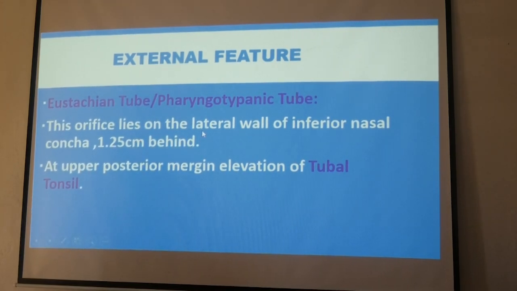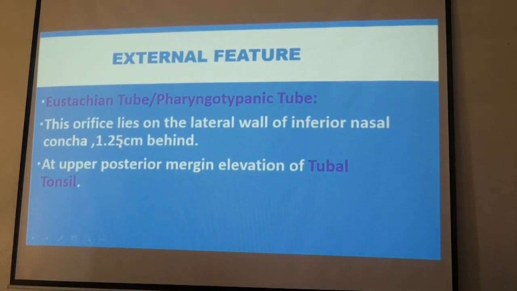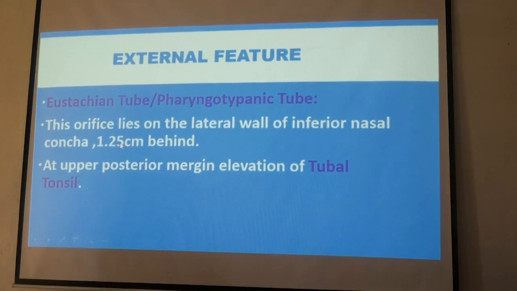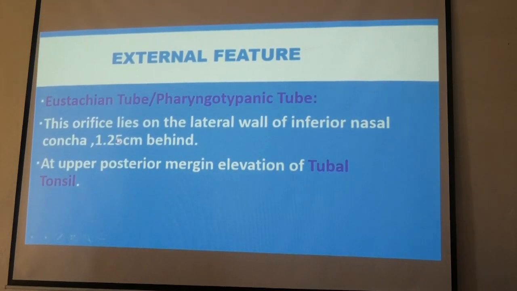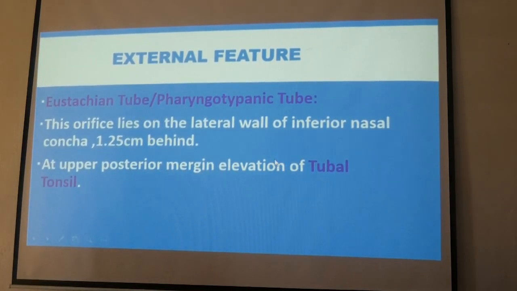The orifice lies on the lateral wall of the nasopharynx, কত 1.25 cm behind the inferior nasal concha. Okay, and the upper posterior margin is the elevation of tubal tonsil.